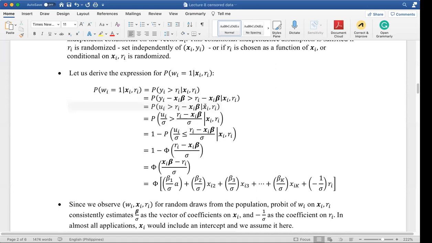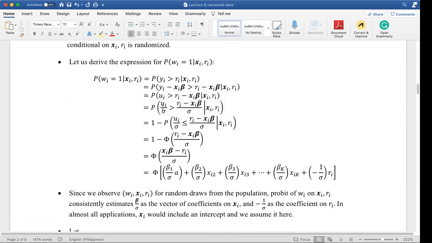We have information about the distribution of U sub I. We want to work with the standard normal distribution, so we divide by sigma. Then the complement of this event is just this, so the probability of this is 1 minus the probability of this.